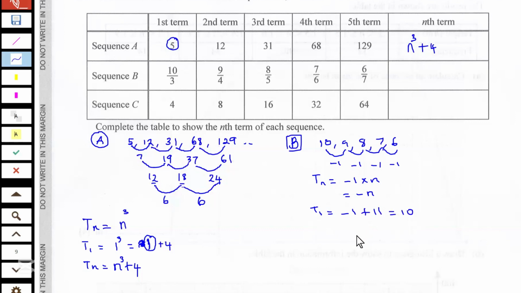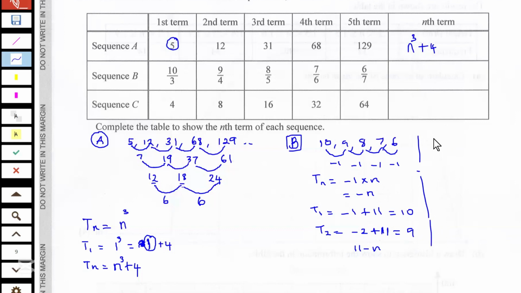If I want the second term, T2 will be minus 2 plus 11, which gives us 9. So the nth term in this case is going to be 11 minus n for the numerator. Now let's find it for the denominator.